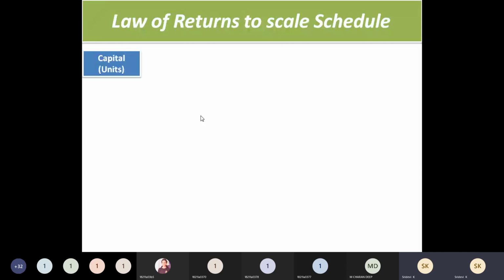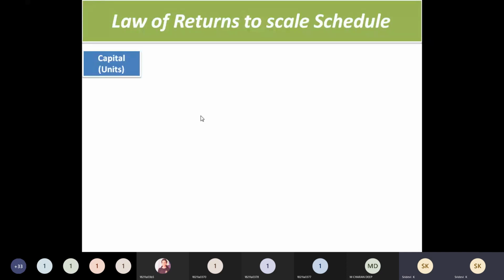So we will show all those things in one single schedule. So you need not go for 3 different schedules. In the one single schedule itself, you create one example illustration, and you have to show the 3 laws in one single schedule.